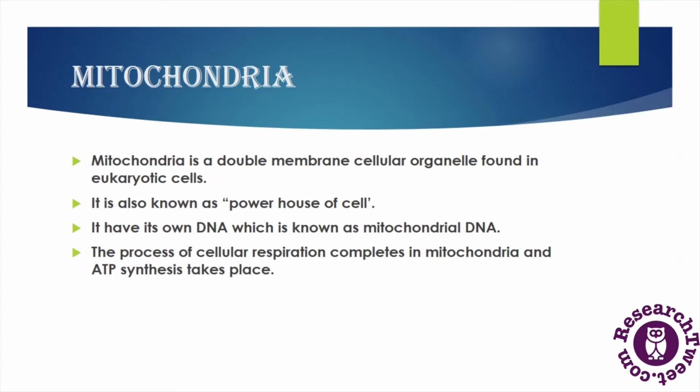Mitochondria have their own DNA, which is called mitochondrial DNA, and mitochondrial DNA is always inherited from the mother into her child. The process of cellular respiration or glucose metabolism completes in mitochondria, and also the process of ATP synthesis takes place in the matrix of mitochondria with the help of the enzyme ATP synthase.